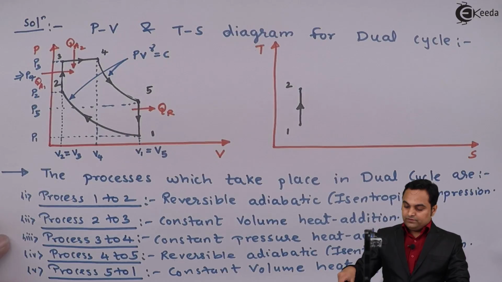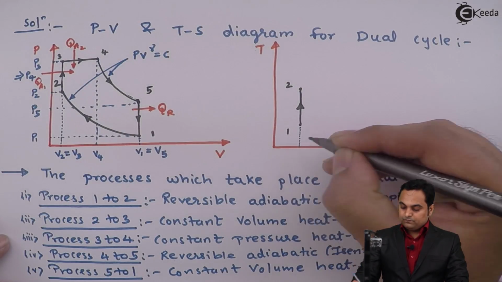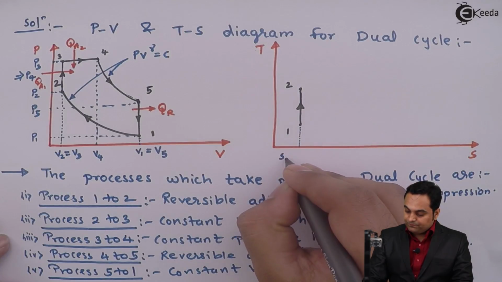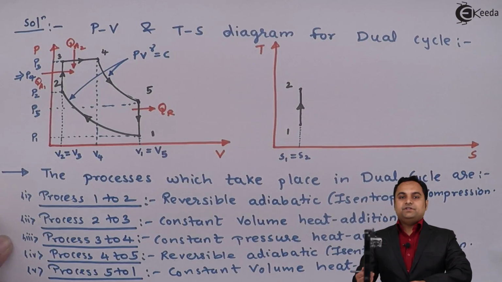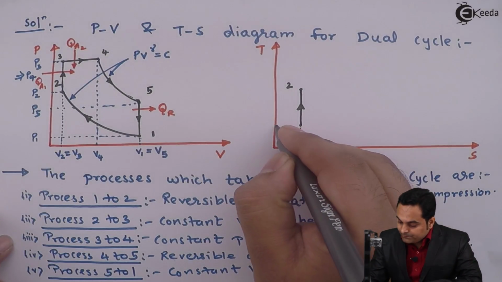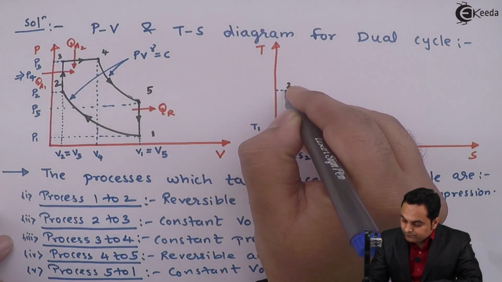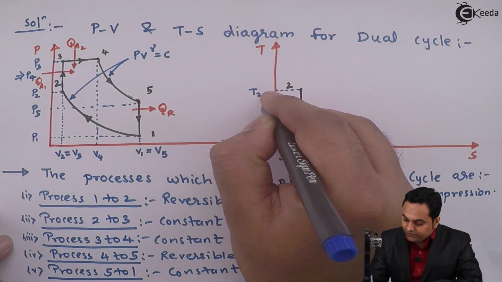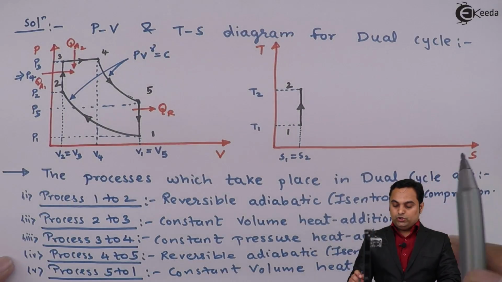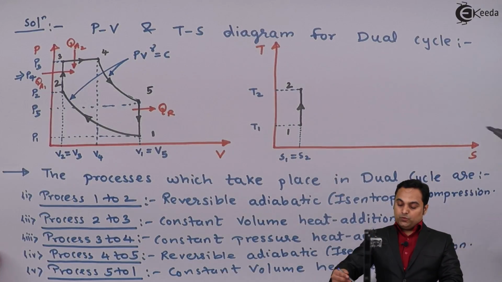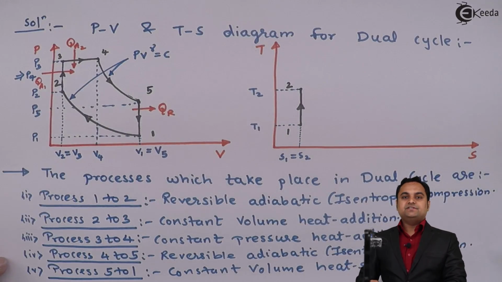That is, the entropy will remain constant, S1 is equal to S2, but temperature rises from T1 to T2. So this is the isentropic process, which is shown on TS diagram with a vertical line, that is entropy remains constant but temperature rises.